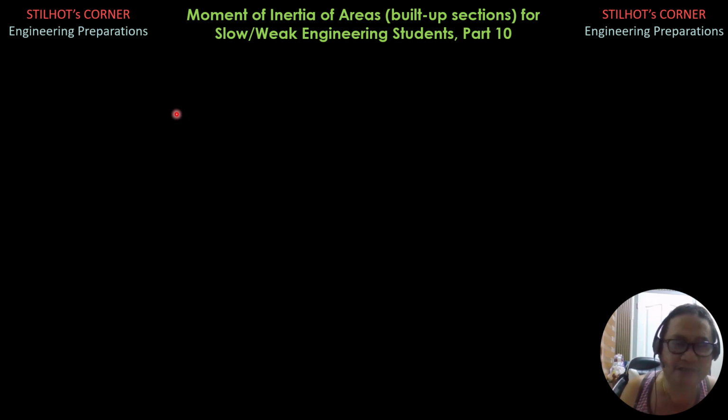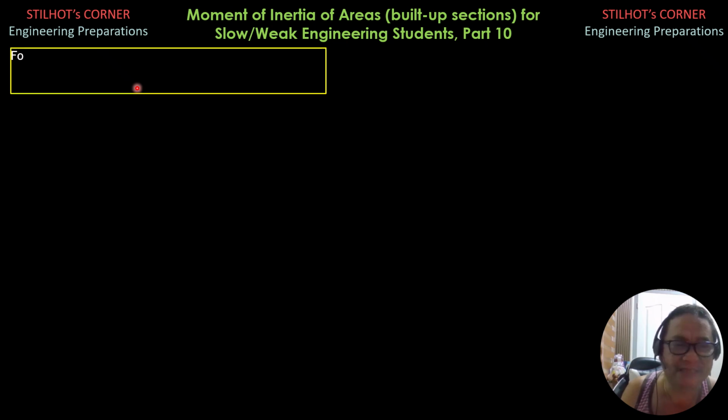For this video, let's have the wide flange first, its properties, and I want you to master and become familiar with the different elements of the W flange, which is a very effective section in resisting bending moments, particularly beams and girders.